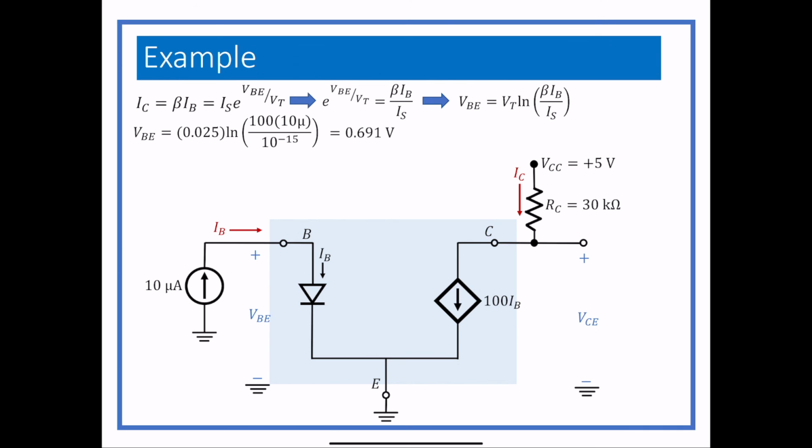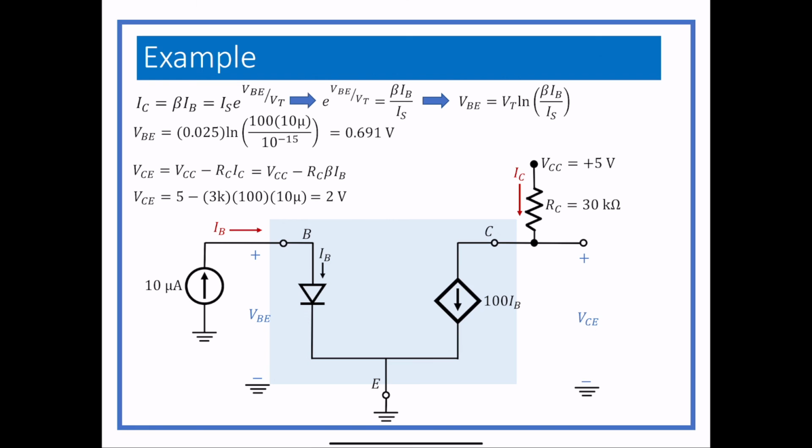And then we can find VCE. That's just VCC minus IC times RC, since the emitter's connected to ground. And we don't really even need to find IC because we can use beta IB times RC. And when we plug in numbers for that, we end up with 2 volts.